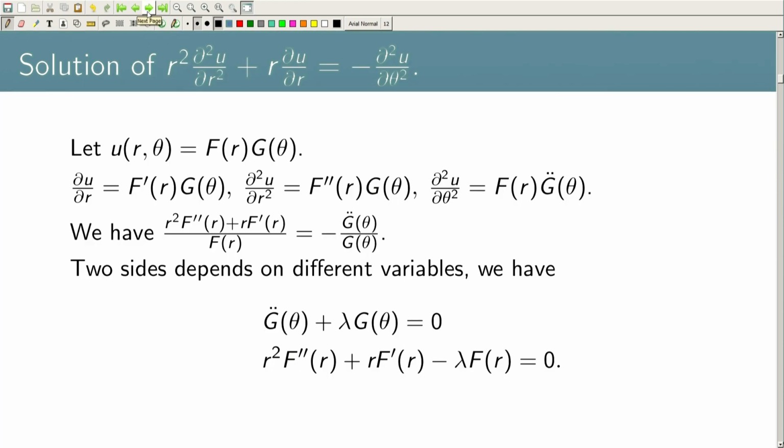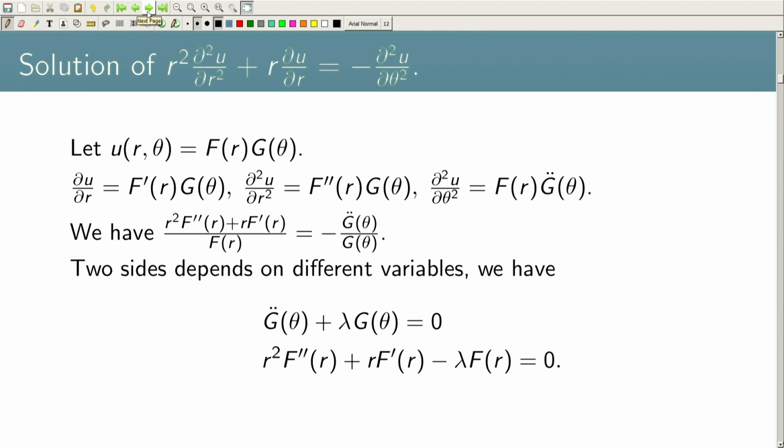Now, the two sides are of different variables. Left hand side is independent of theta and the right hand side is independent of r. Therefore, this ratio is going to be a constant.